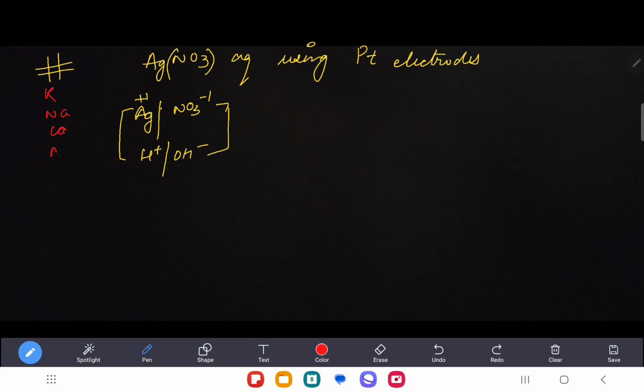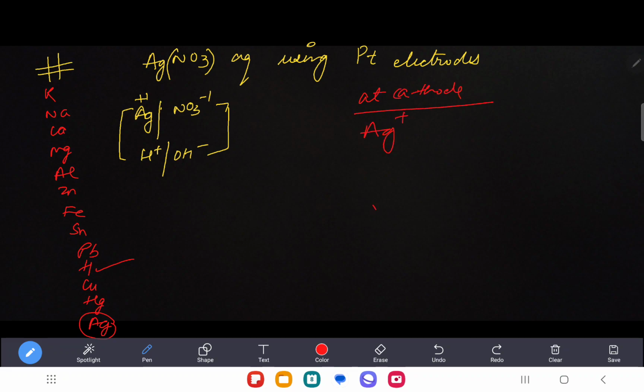काशीनाथ का माली आलू जरा फीके से पकाता है, CuHgAg. So Ag is here and H is here. So at cathode we are going to send, we'll write down the equations later on, Ag plus. And at anode, who is going to go according to the reactivity series of anions? ये लिख लो आप reactivity series.